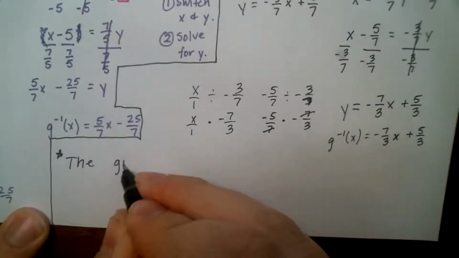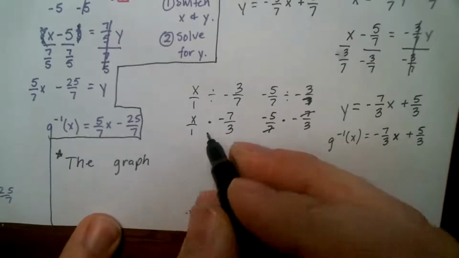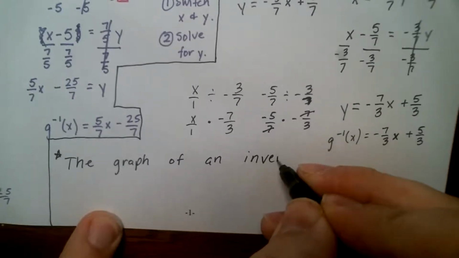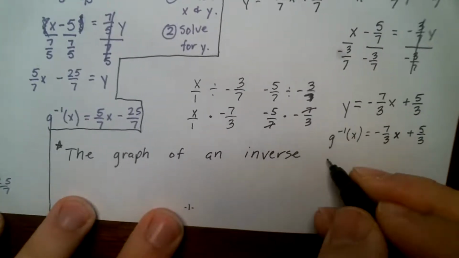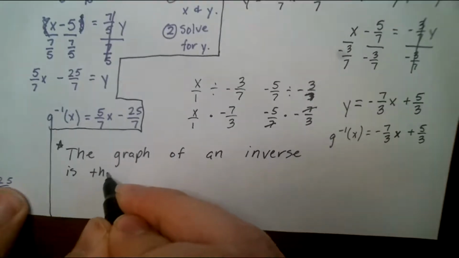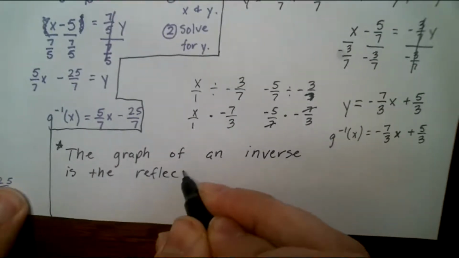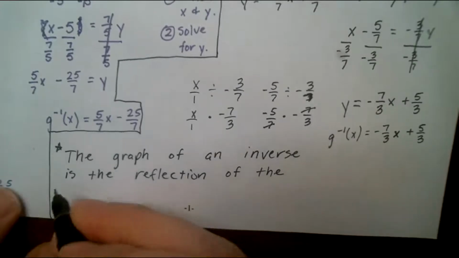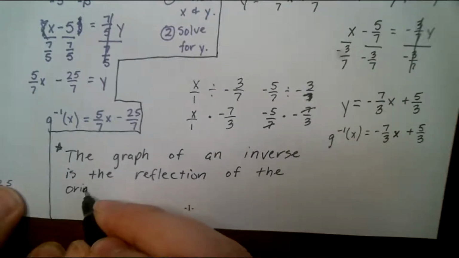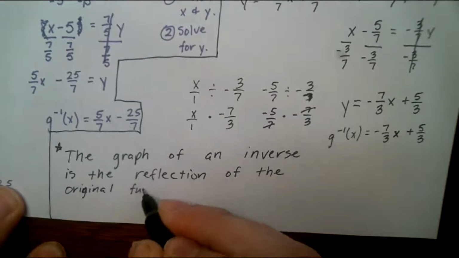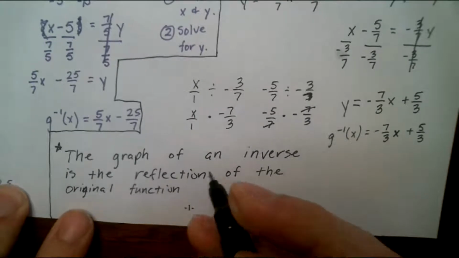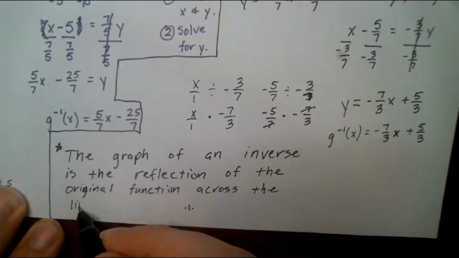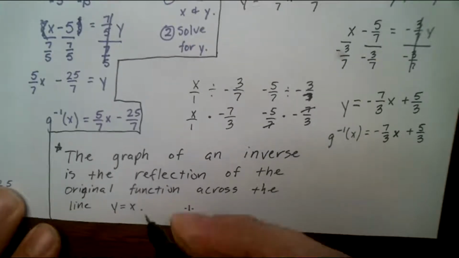The graph of an inverse is the reflection of the original function across the line y equals x.